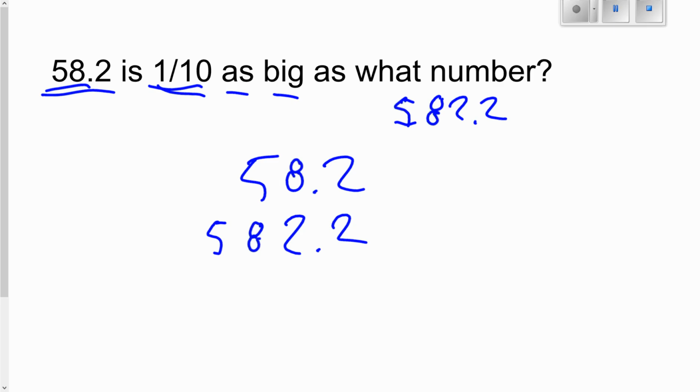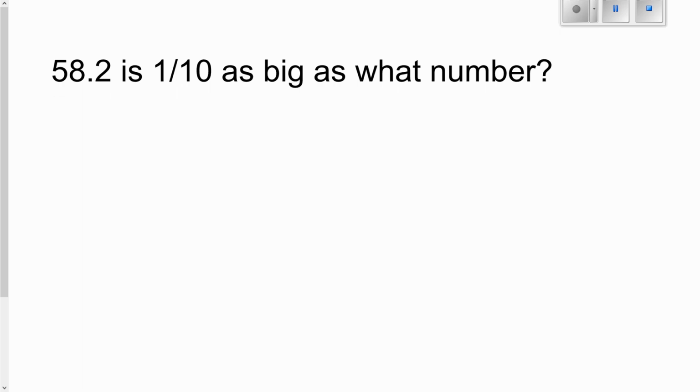If I had made a mistake, which a lot of students will make, and done this backwards and said, oh yeah, all I have to do is just move everything over one place, and move the decimal the wrong way or move the digits the wrong way, then I would be saying 58 2/10 is 1/10 as big as 5 82/100.